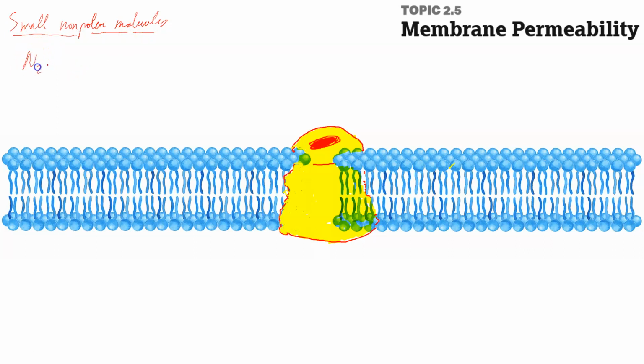This includes things like N2, O2, and CO2. These can pass very, very easily directly through the membrane, a process known as diffusion. So N2, O2, CO2, small nonpolar molecules pass very easily through the membrane.